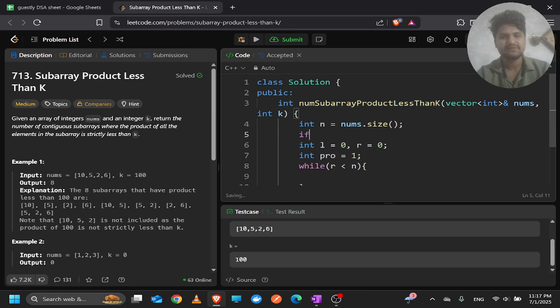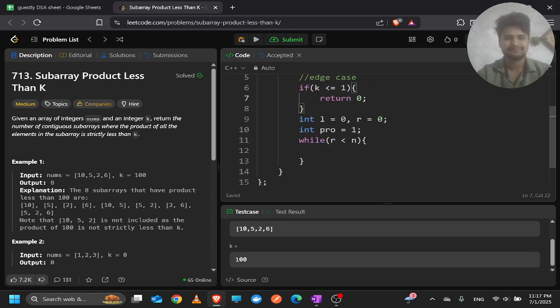Before this we will have to check a base condition, the edge case: if my k is less than or equal to 1, then no subarray exists, so we will return 0. After that we do product equal to product into the new element, that is nums of right.